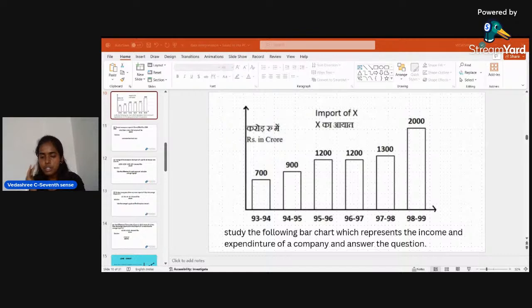For the previous question, the answer is 260, option A. Okay, first calculate the average of all the import of X. First calculate the average, then check out which import of X is more than the average import of X. In which year?